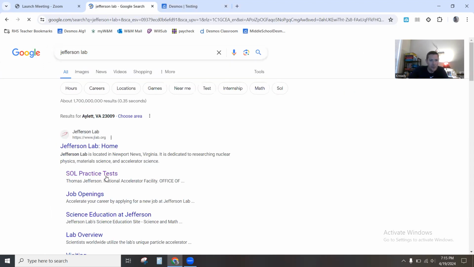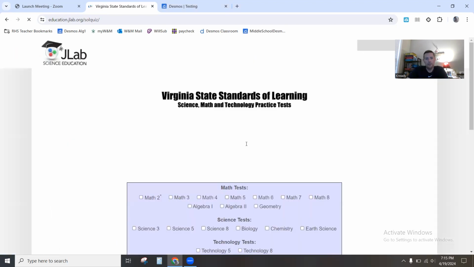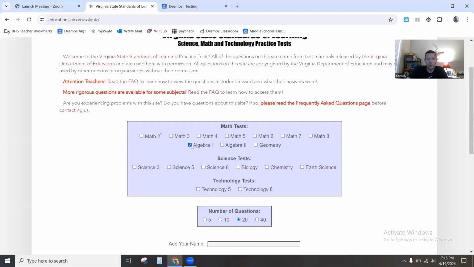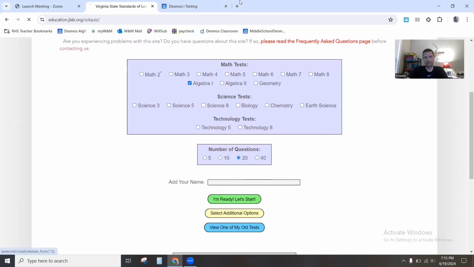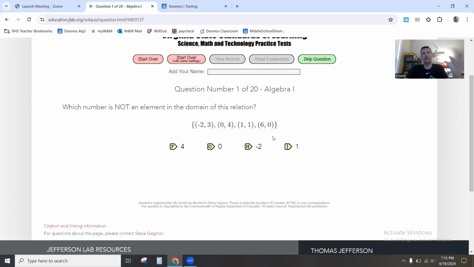SOL practice, pull up Algebra 1, 20 questions. Now, I tell my kids, literally, you can do calculator tricks. I have a little bit of knowledge, so there are some things we should be able to know. Domain is X, right?